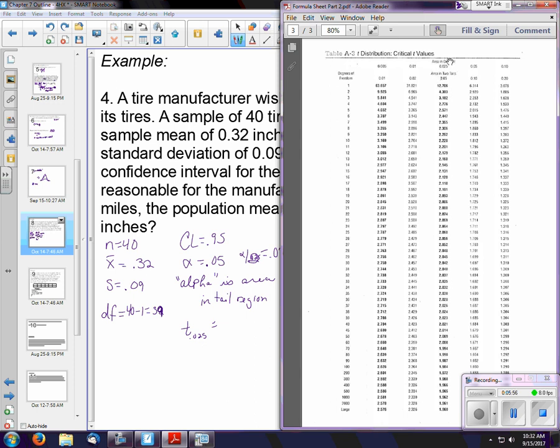And if you look above it, that matches what we got when we divided it by 2. So you're going to look for where those match up. What we'll end up using the one-tail values for is when we get into Chapter 8, looking at hypothesis testing. So if we take that area in two tails and go down to 39 degrees of freedom, we get a t-score of 2.023.